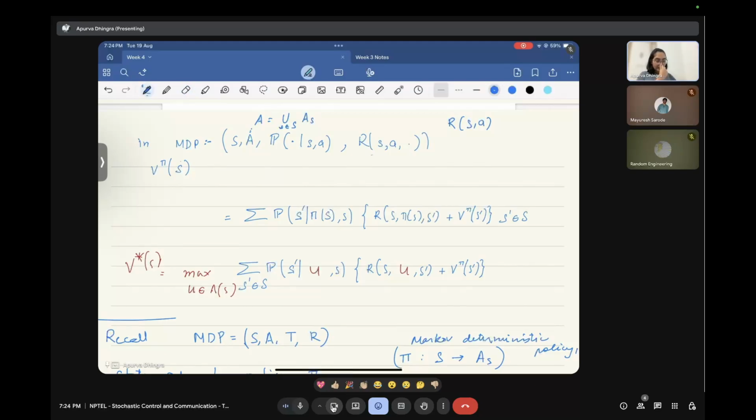What this value function is focusing on is a particular policy pi. This refers to policy. In MDPs, at least for all the things that I'm going to talk about right now, I'll be focusing on Markov deterministic policies. So this pi is a Markov deterministic policy.